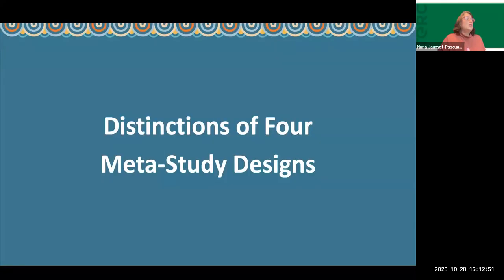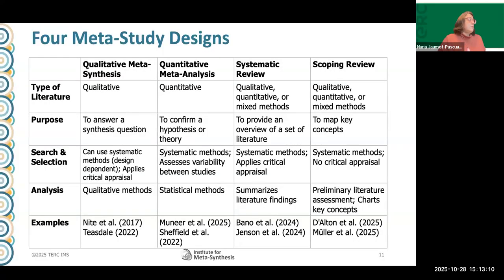So here we're going to look at 4 different kinds of meta-study designs. You are going to be familiar with some of them. So what we're doing here is trying to differentiate all of them to have a better idea of what qualitative metasynthesis looks like. So this slide shows 4 meta-study designs.